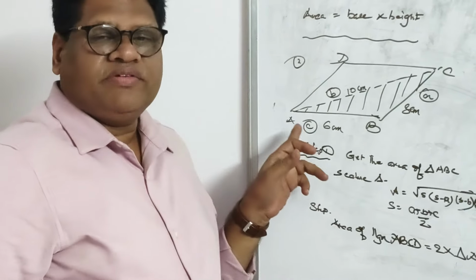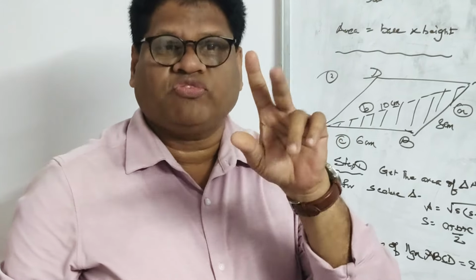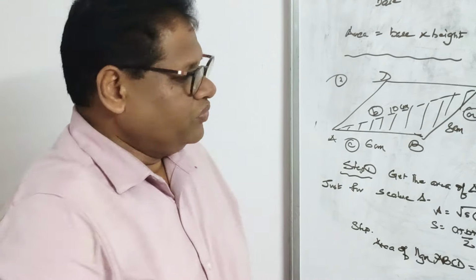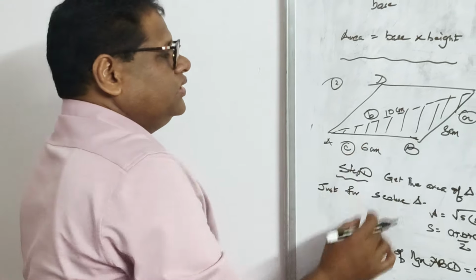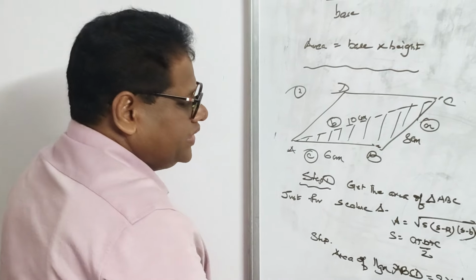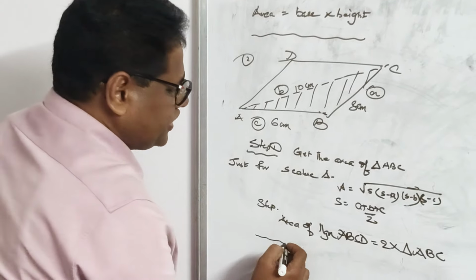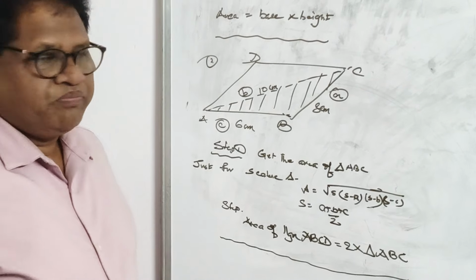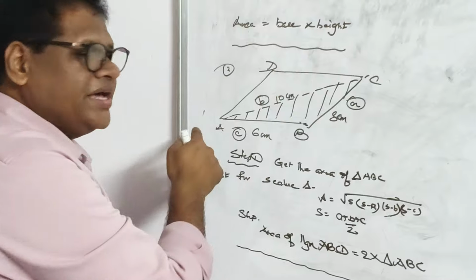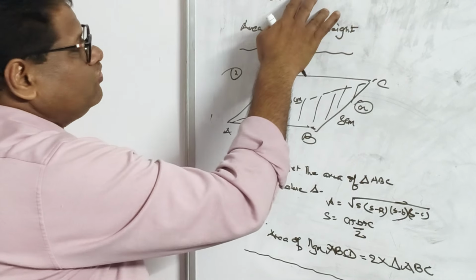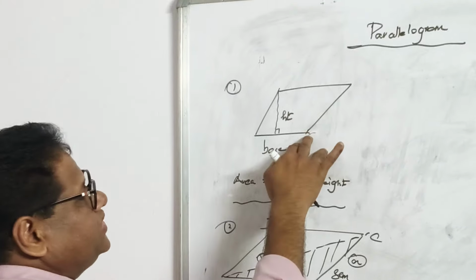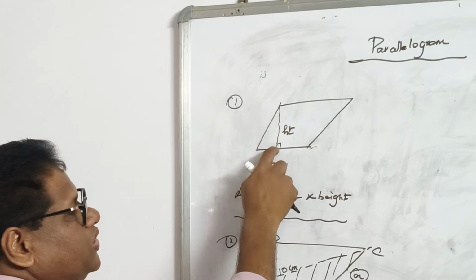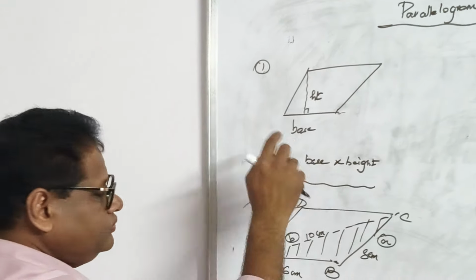Because our diagonal divides the parallelogram into two triangles of equal area. So after getting the area of one triangle, you just have to double this, that is multiplying by 2. This is the two-step solution for finding the area of a parallelogram when two sides and one diagonal are given. The earlier one was to find the area of a parallelogram when the base and the height corresponding to this base are given.